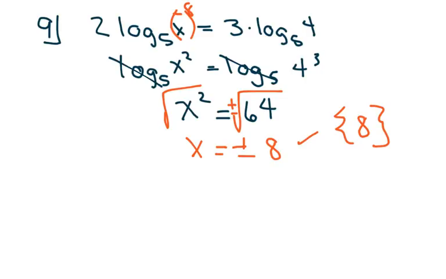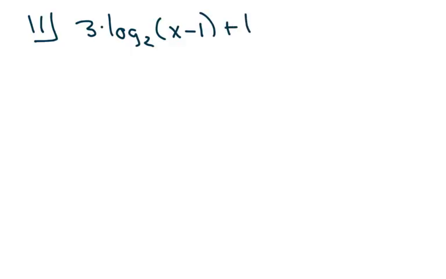What's 11? So let's go to 11 on a different page. It looks a little longer. 11 is 3 times log base 2 of x minus 1 plus log base 2 of 4 equals 5. Okay?